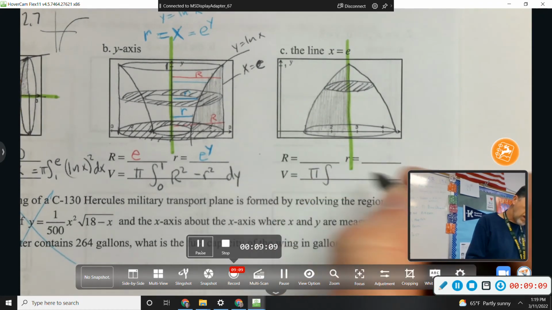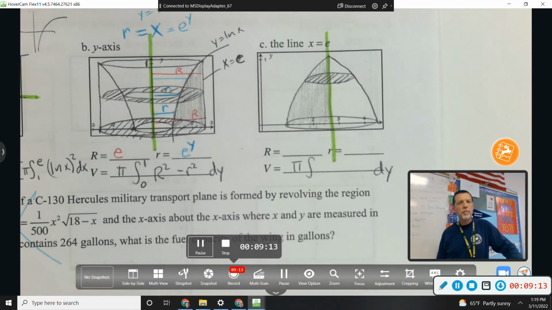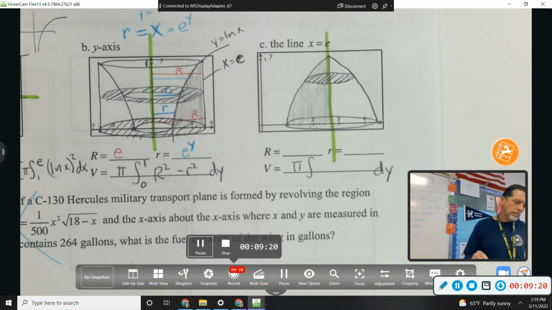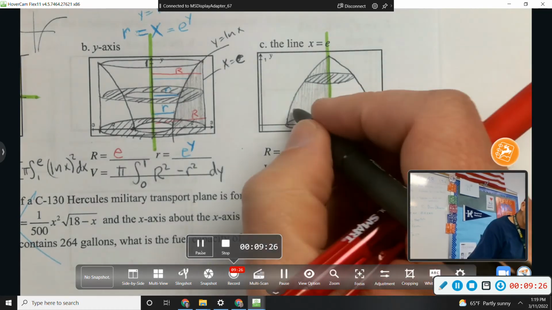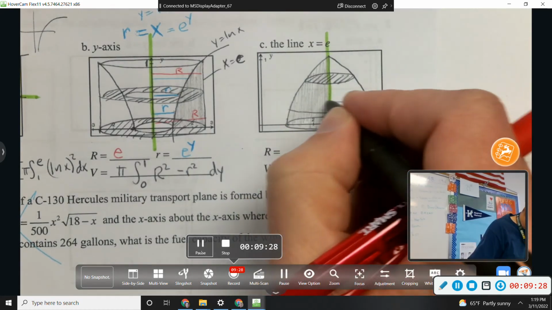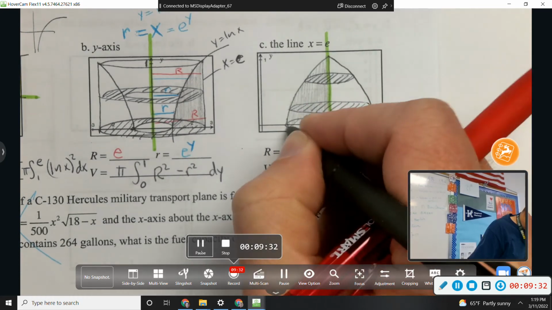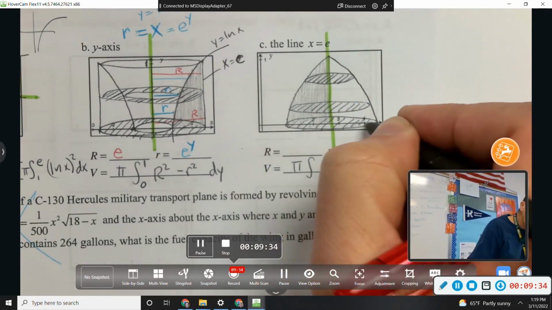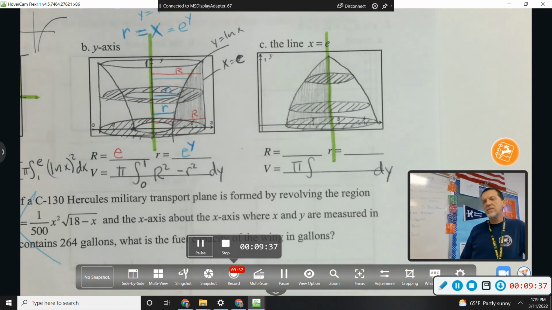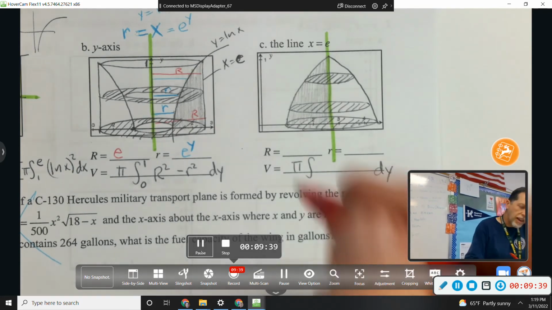Pi integral, we're stacking them dy, and disc or washers? Are they disc or washers in there? Yeah, they're all discs. There's no holes. They're all solid circles. Any slice.